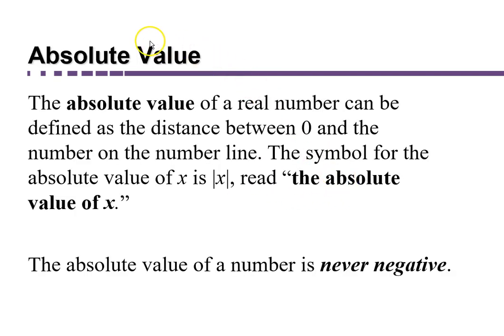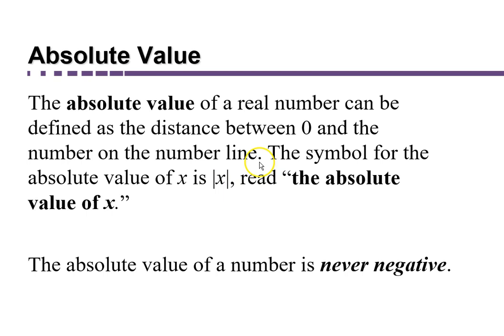Now, another item we need for our vocabulary is absolute value. The symbol for absolute value is two vertical lines, in a sense making boundaries of what is inside. So this symbol is read as the absolute value of x. The absolute value of anything is never negative.